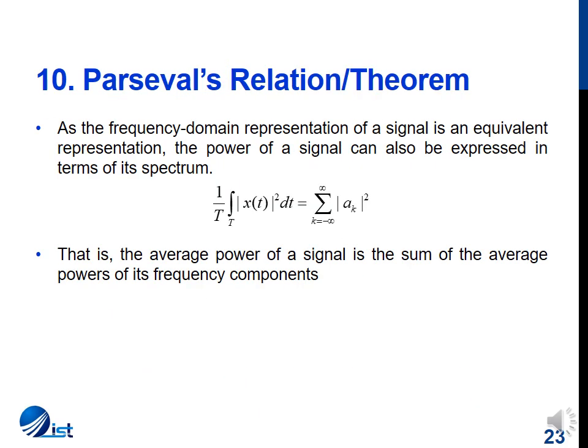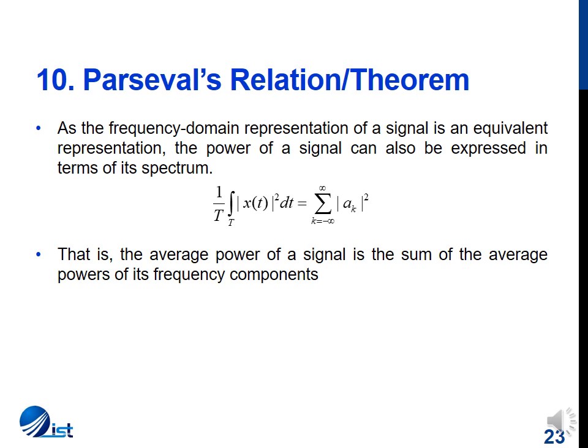The final property we are going to discuss is Parseval's relation or Parseval's theorem. Parseval's relation is a method of determining the power of a signal from its Fourier spectrum.